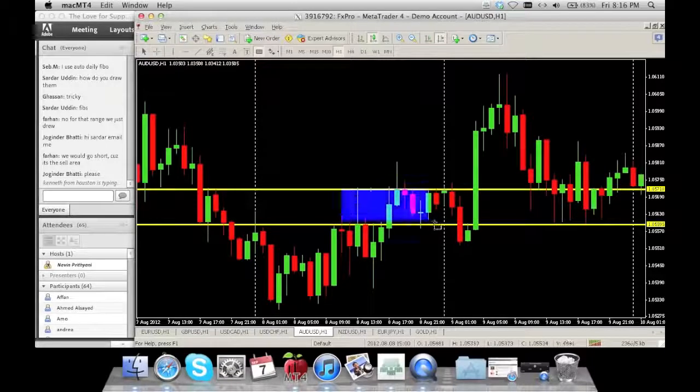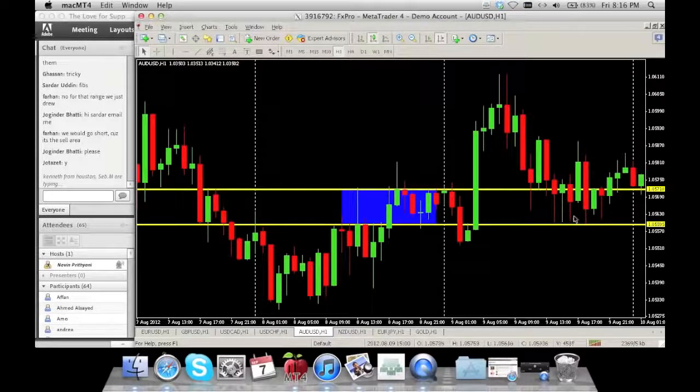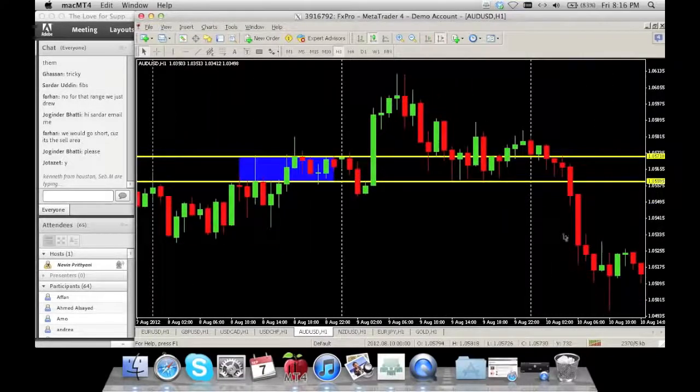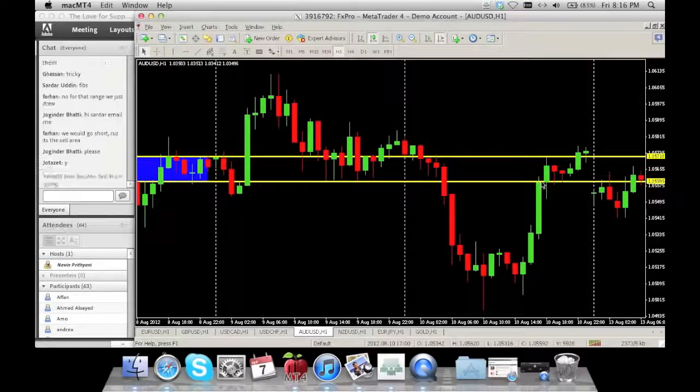Got a range here as well. Big candle cross through, a small respecting the range, big candle cross through, respect, respect, respect, respect again from the bottom, respect, respect, big candle crossing through, respect from the bottom, big candle cross through, and then take a look at this. Tail on top, tail on bottom. This area has significance.